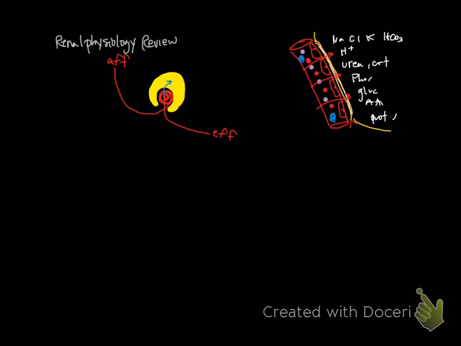And of course, why it's important that you realize what's actually in this filtrate is because normally most of these substances are reabsorbed. Some of them are waste products, such as creatinine, some of the urea, some of the phosphorus, a lot of the hydrogen ion. But most everything else needs to be reabsorbed. And the reason it has to be reabsorbed is because it's all much smaller than urea and creatinine, for example.